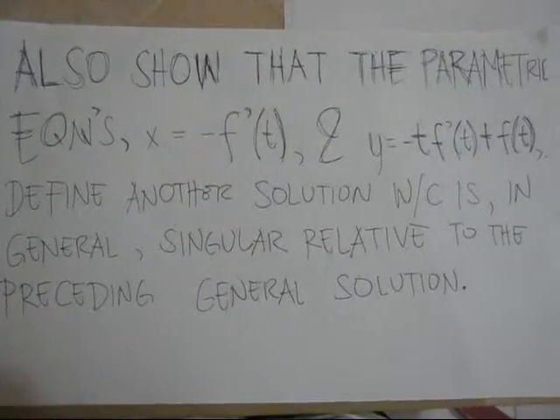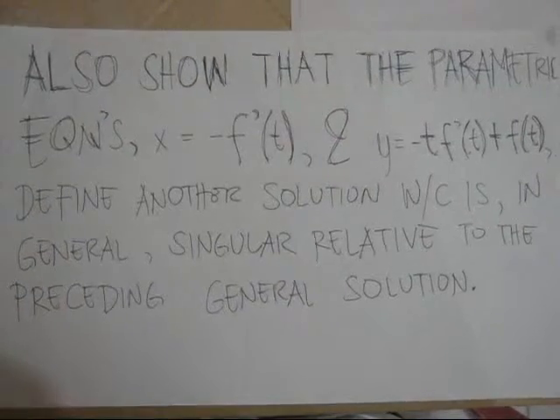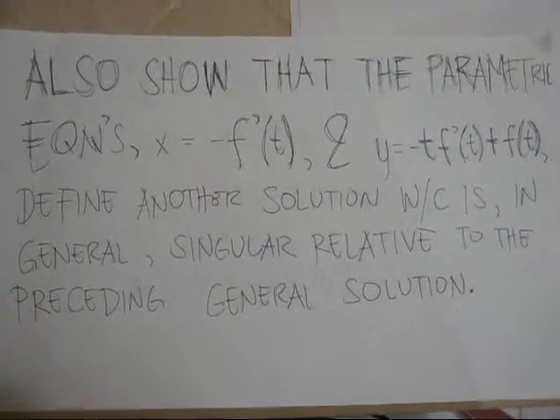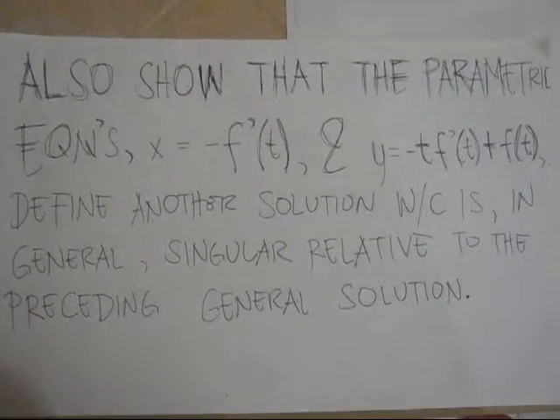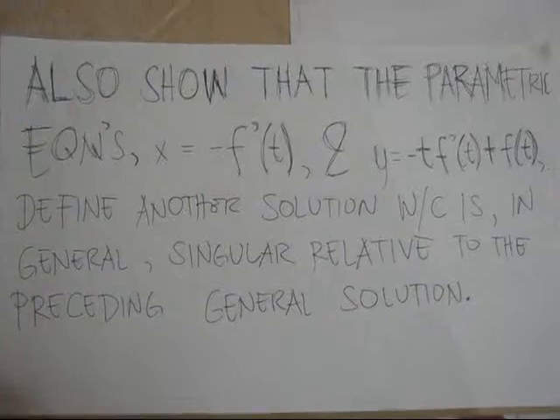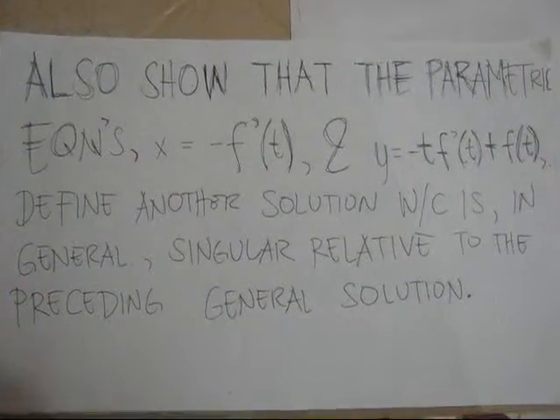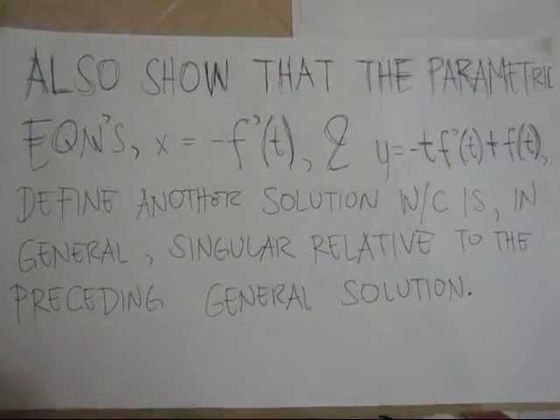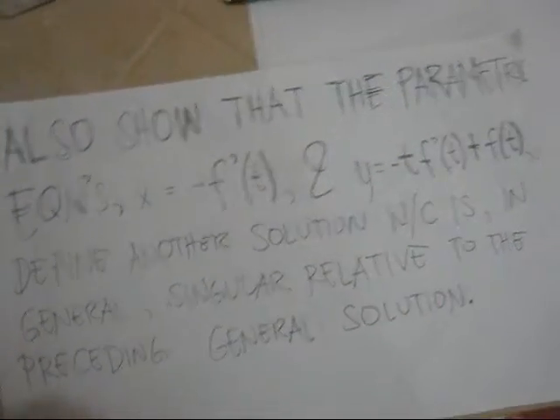Also show that the parametric equations x = -f'(t) and y = -tf'(t) + f(t) define another solution which is in general singular relative to the preceding general solution.